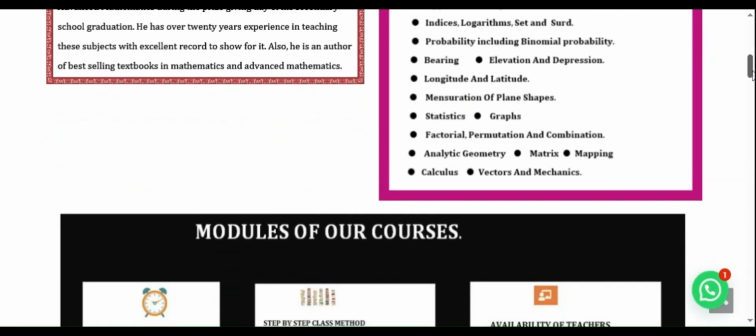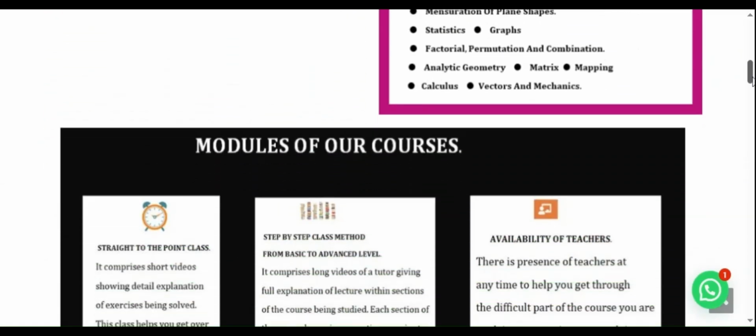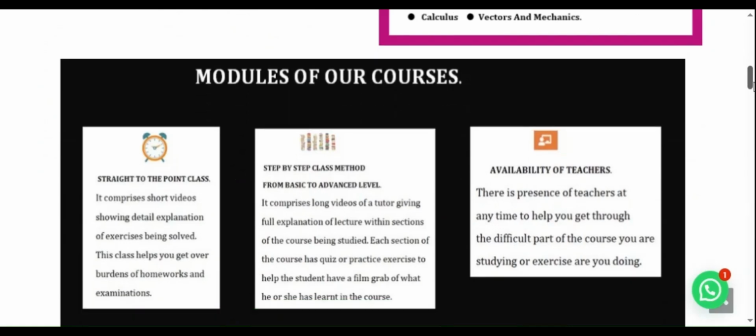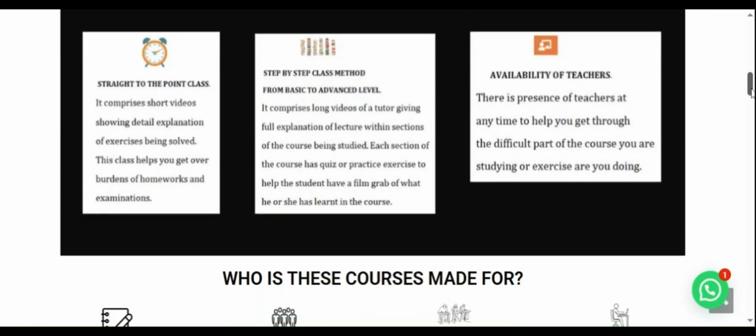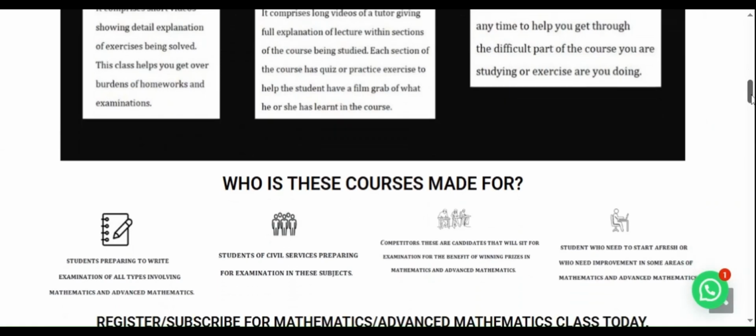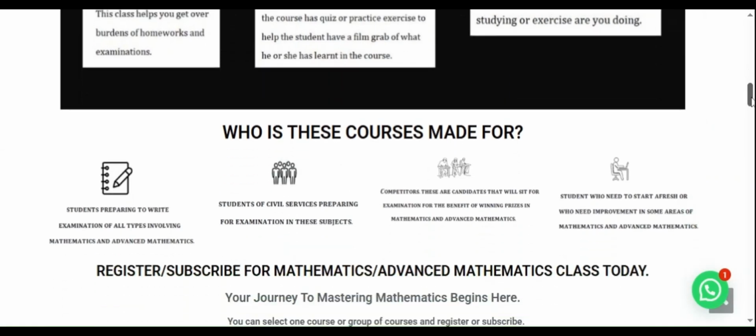Continue to scroll down the page. You will see the arrangement of the modules that our mathematics courses have. Go through them to know which one is suitable for you. Also, see other sections of the course page.